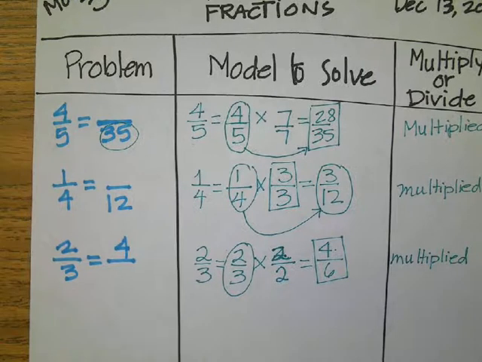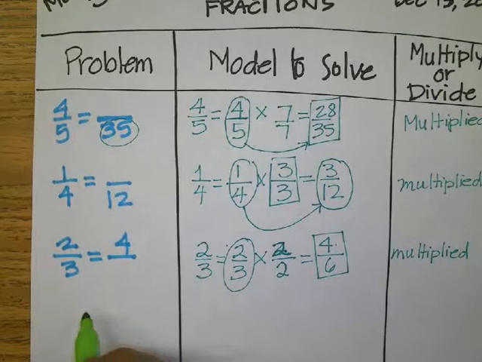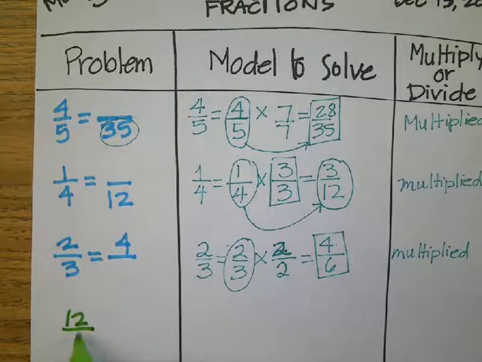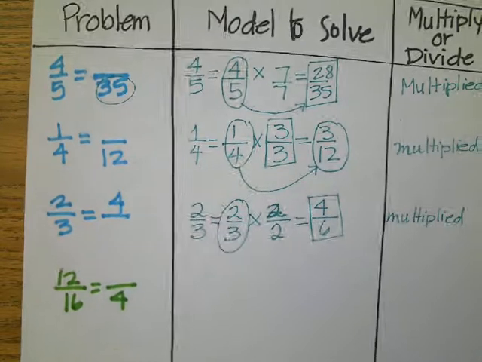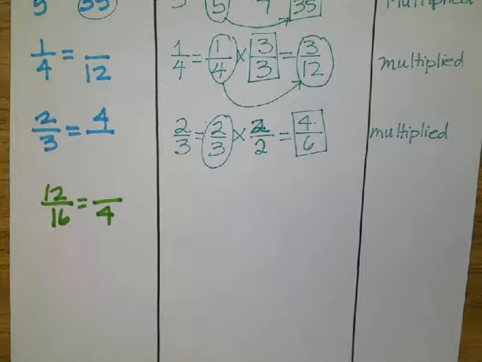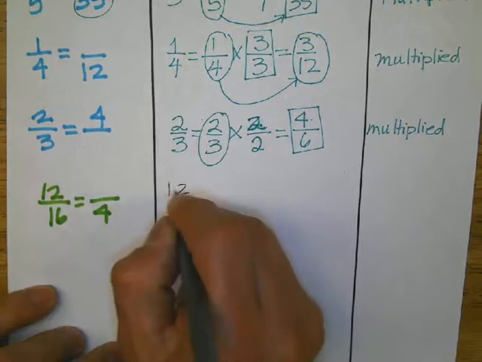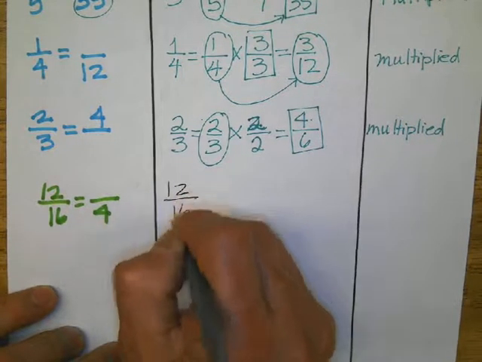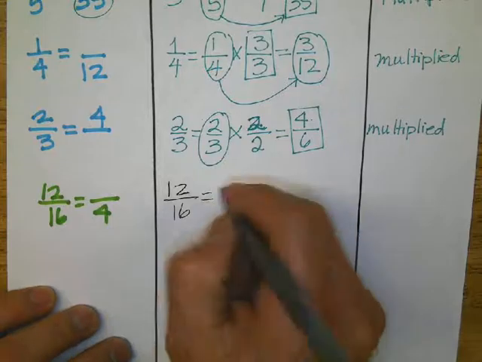Okay, now how about this number right here? 12/16 equals a fraction that is missing the numerator. Yes, my friends, I said numerator. Okay, now let's do this problem again. So we have 12/16.